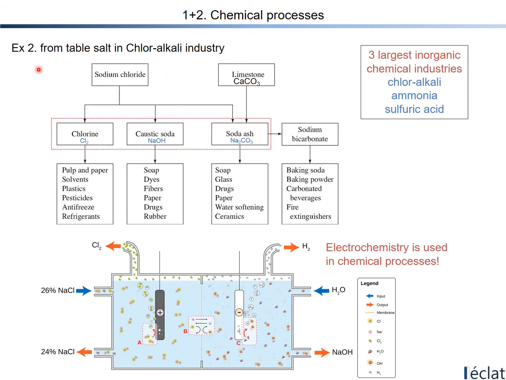Here is the second example of chemical processes, which is the chlor-alkali industry or chlor-alkali process.